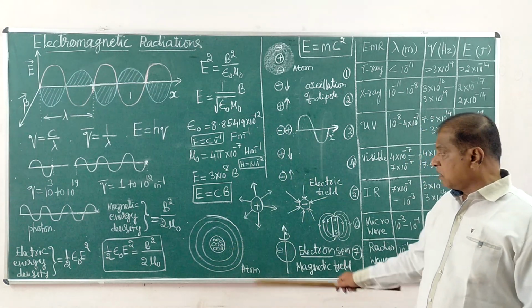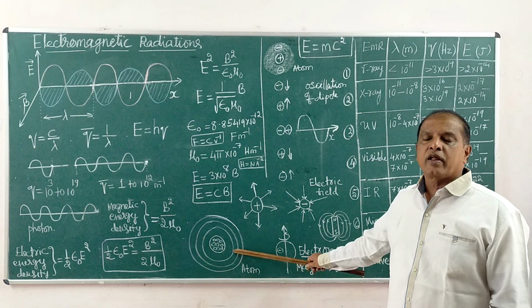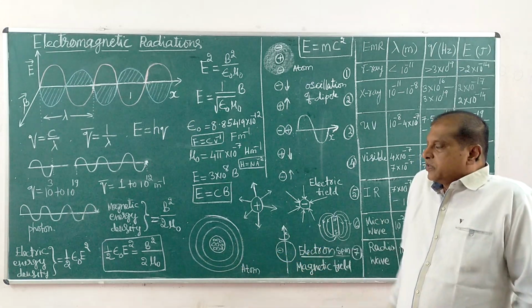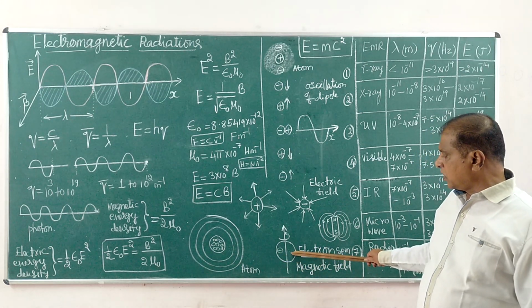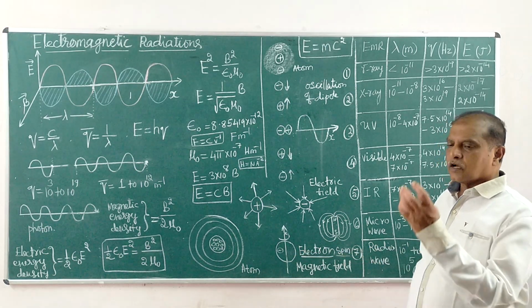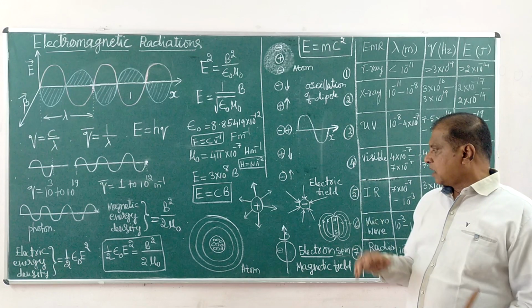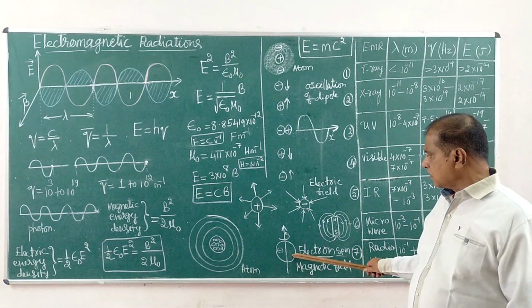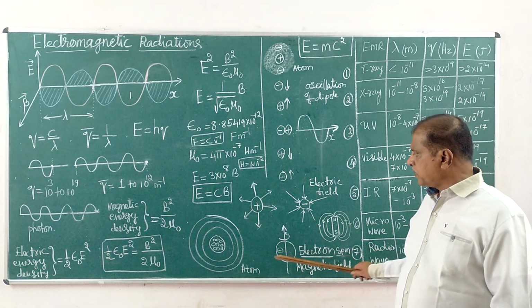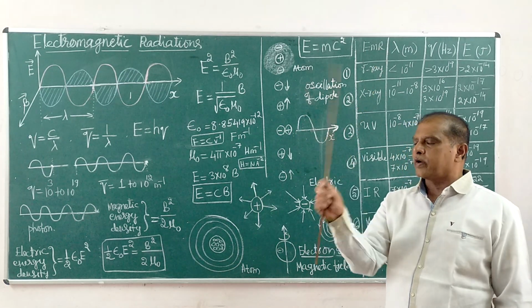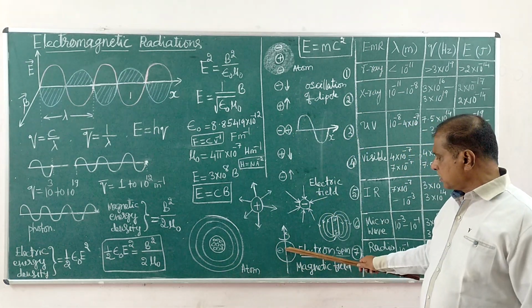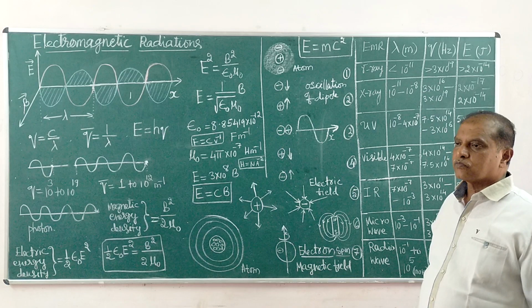But there are atoms containing some unpaired electrons, one or two electrons. These unpaired electrons rotate in the clockwise direction. If all the unpaired electrons are oriented in only one direction, then a net magnetic field is produced.